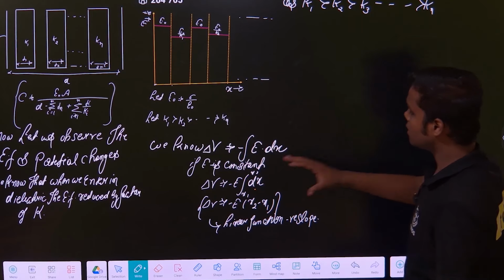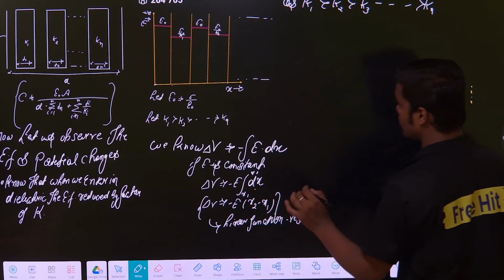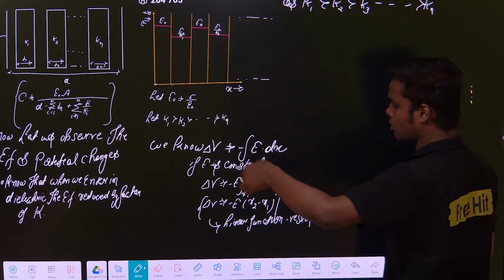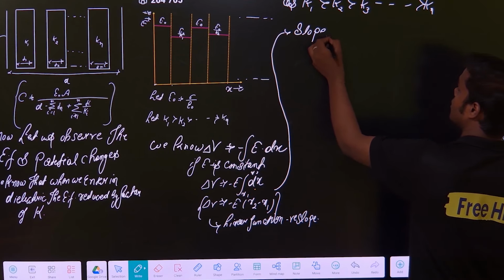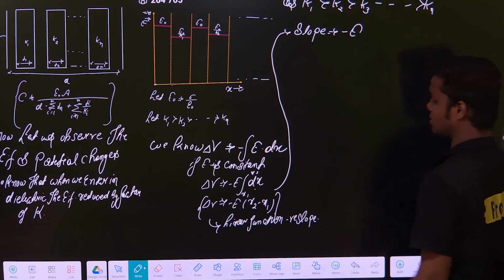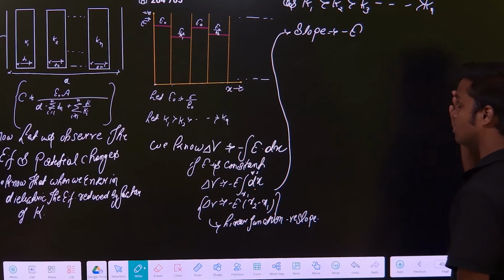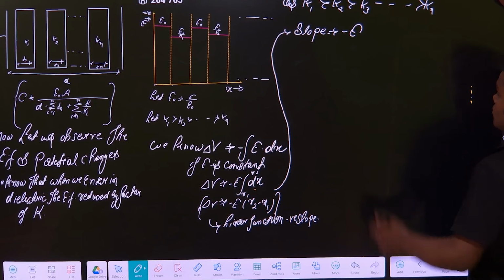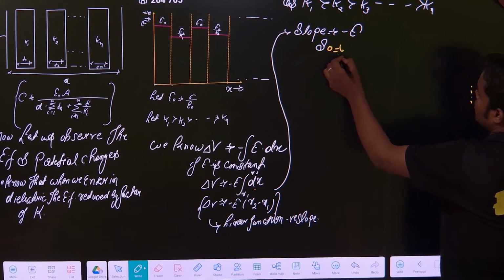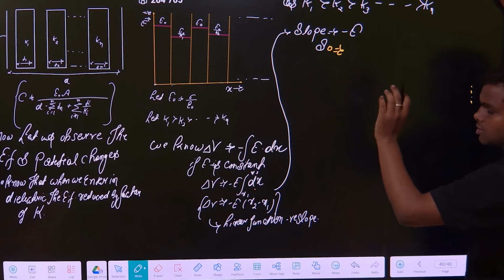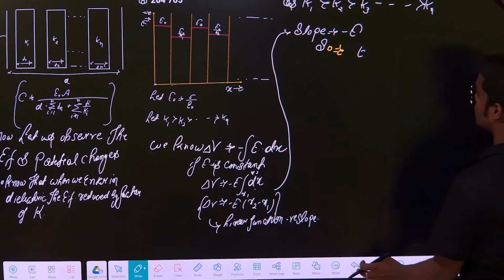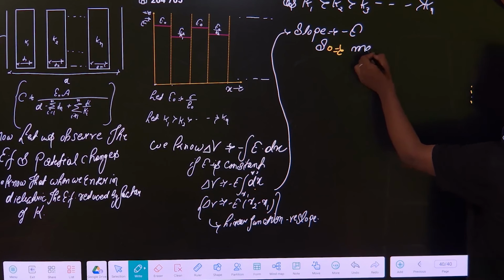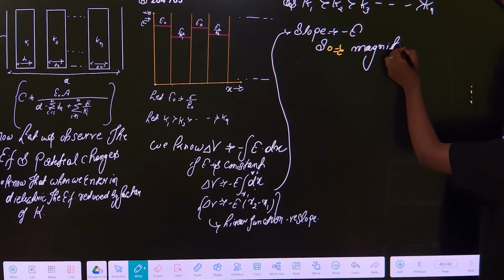So this is the electric field. If I am talking about slope, what is the slope from here? The slope is nothing but minus E. Okay, no problem, the slope is minus E. Let us forget about the negative sign and just consider the magnitude of the slope.